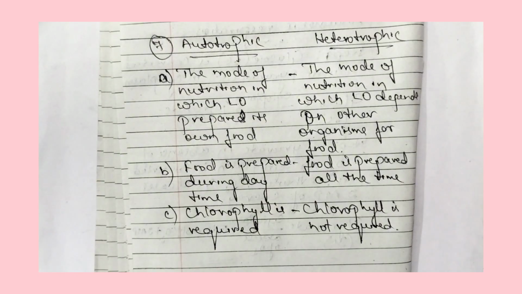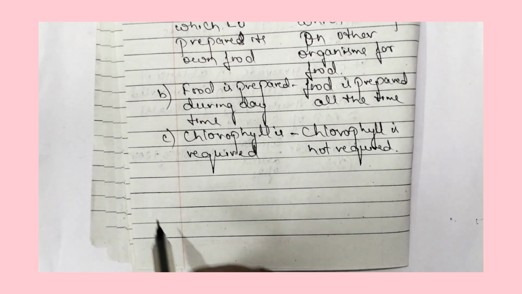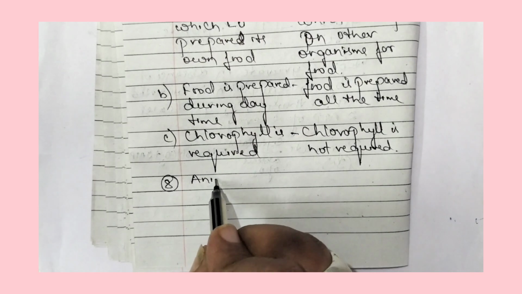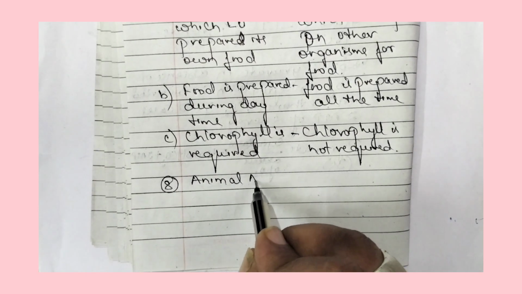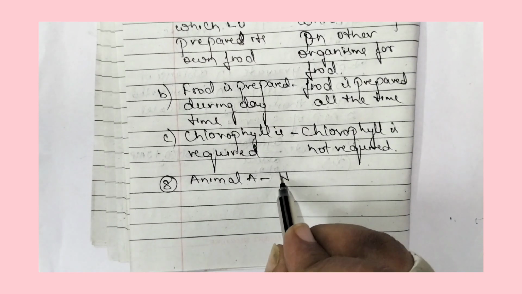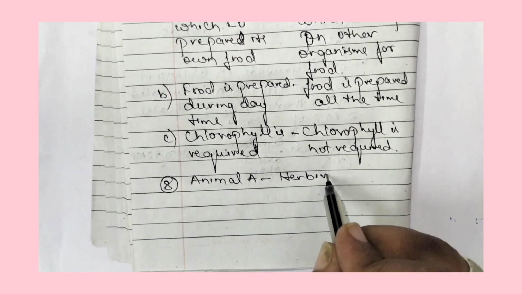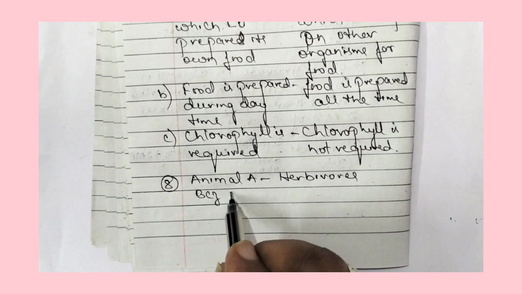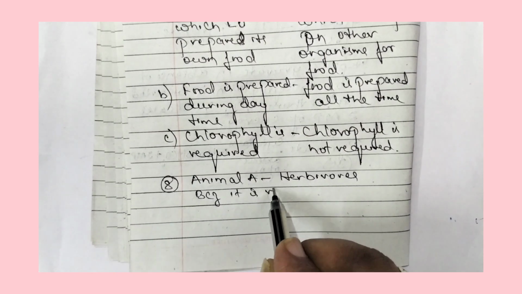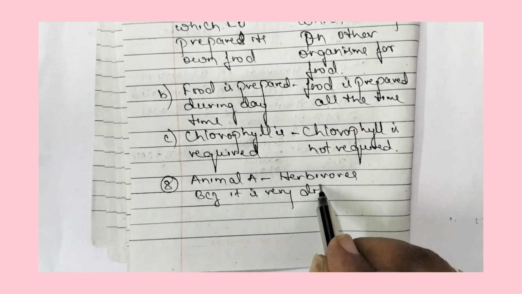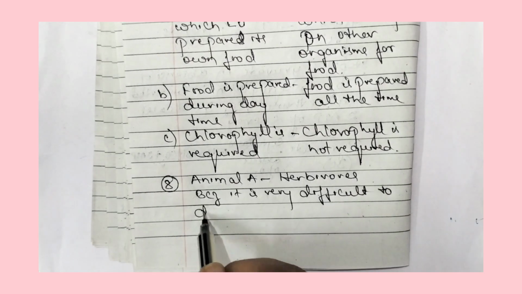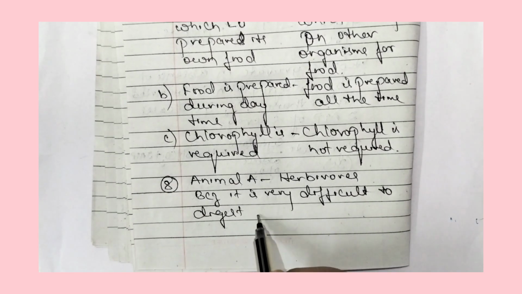So now let us answer this question. Animal A is herbivorous. It has a longer small intestine because it is very difficult to digest cellulose.